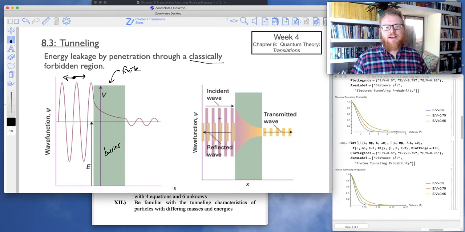In actuality, we would have an incident wave as well as a reflected wave. So we could think of that in the wave-particle duality. If my particle hit the barrier and then bounced back, we would expect to see a reflected wave.